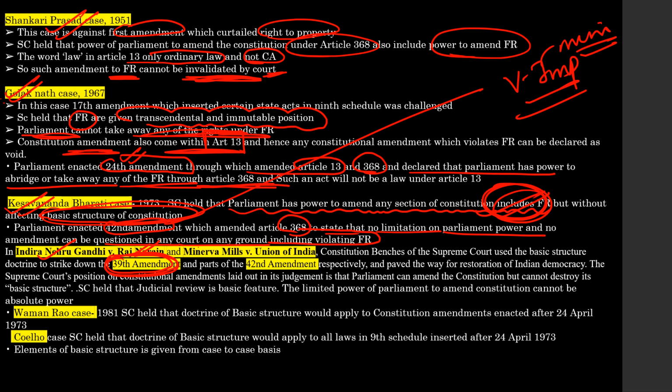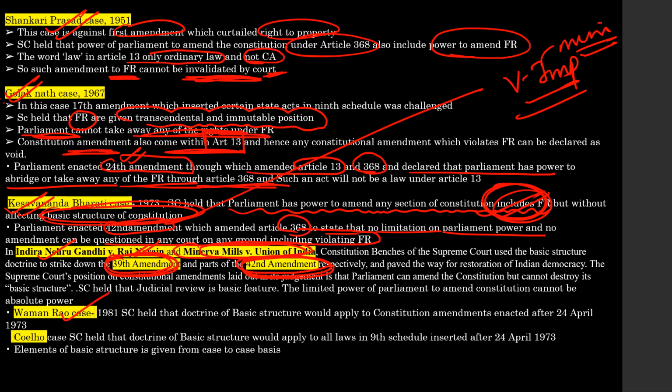And in the Minerva Mills case, the Supreme Court looked at the 42nd Amendment and said that the Supreme Court cannot be disallowed from judicial review. This is very, very important.